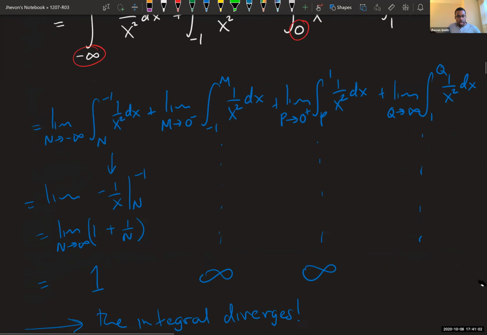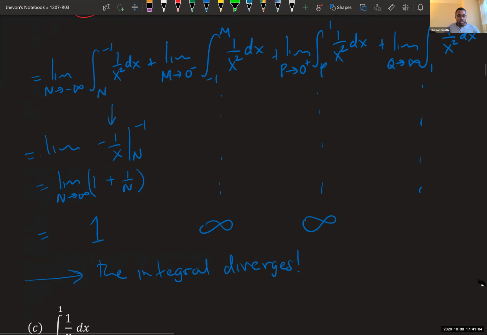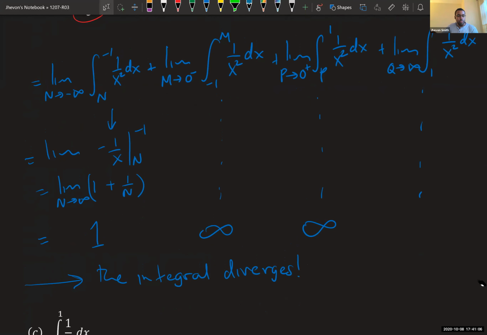Okay, I did rush through computing these before, but essentially you think of each of these limits as separate things, and the goal is to see if they all converge. Now, every single limit has to converge. You can't consider that one would cancel out another, for example. So if one limit gives you positive infinity and the other limit gives you negative infinity, you cannot assume that the infinities are the same and they'll cancel each other out.